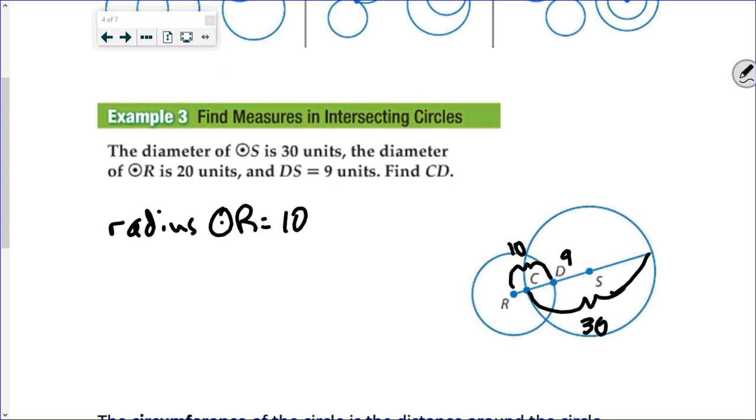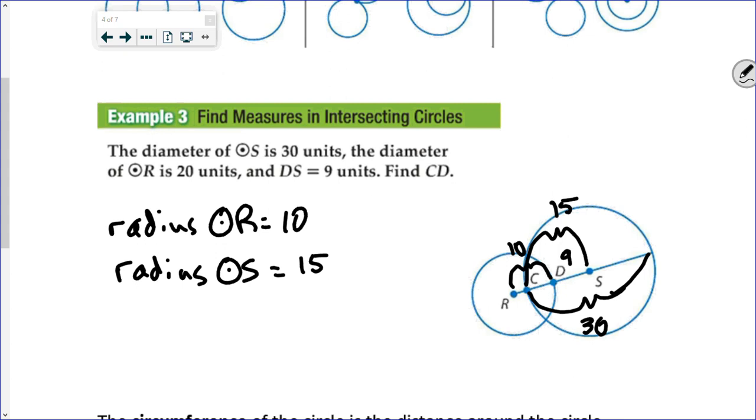So that would be 10, what I just drew there. What's the radius of circle S? The radius of circle S would be 1/2 of the diameter, so 15 units. So from C to S, 15.